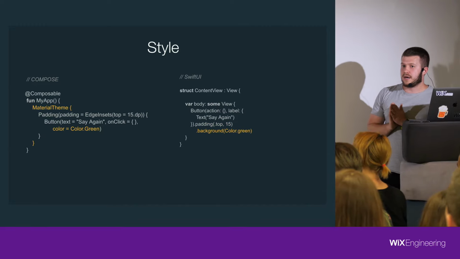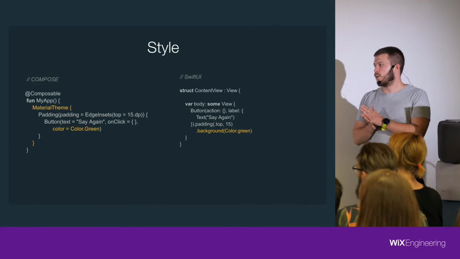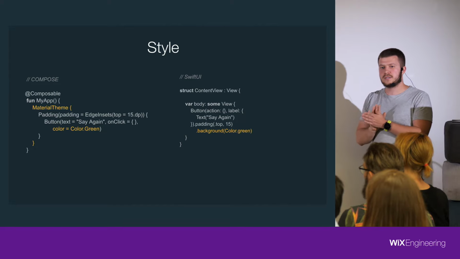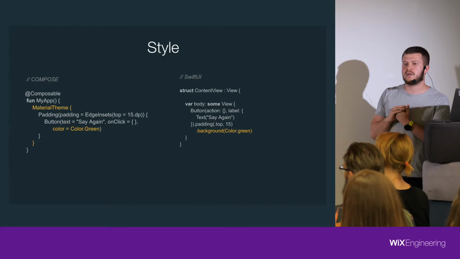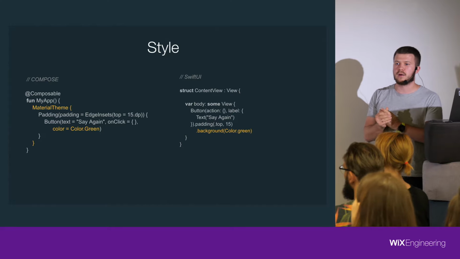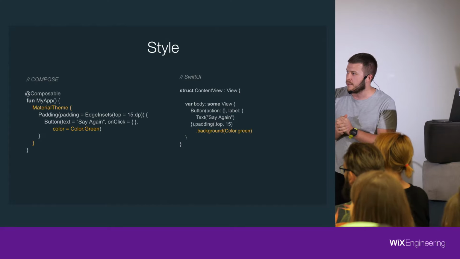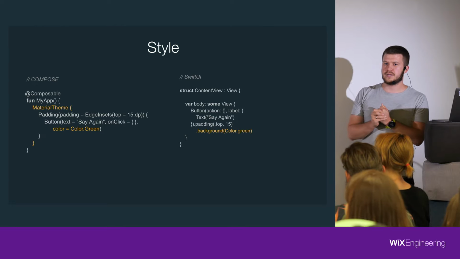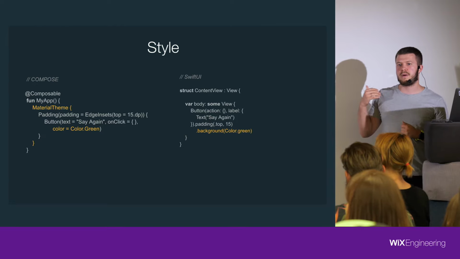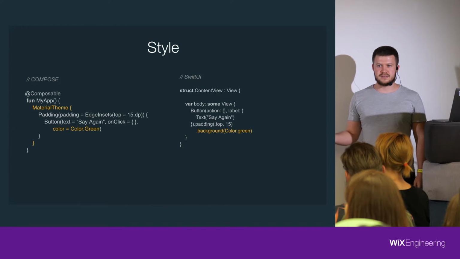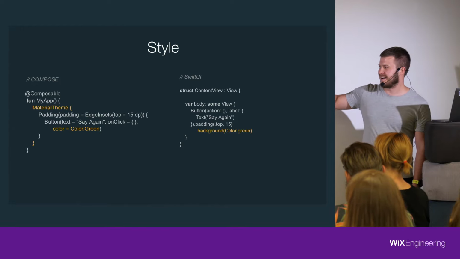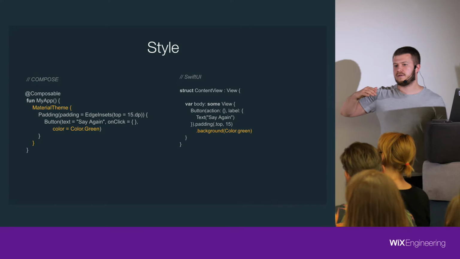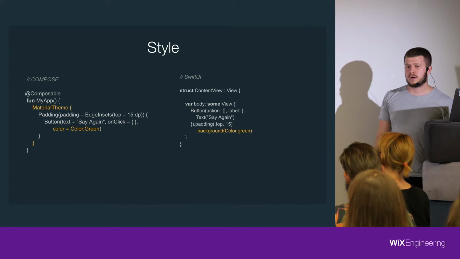If you go into the style, we see it's also different. In Compose, you already have a predefined widget, a composable function. It's a material theme, and it's in many ways better than what I was used to on Android when I developed for Android. Because for the material design theme, you have already defined typography and colors.